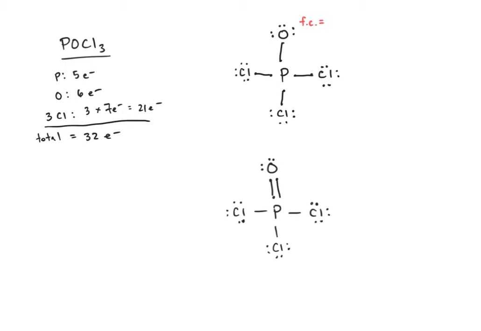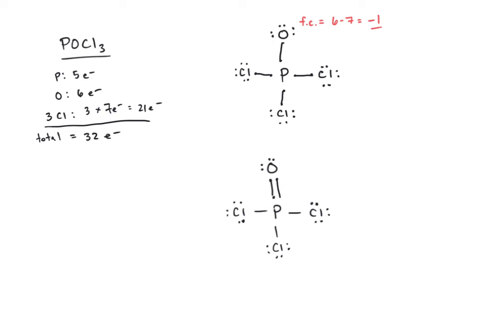For the oxygen in the top Lewis structure, for instance, our formal charge is oxygen's number of valence electrons, 6, because oxygen's in group 6A, minus 1, 2, 3, 4, 5, 6, 7. In total, the formal charge on oxygen is -1.